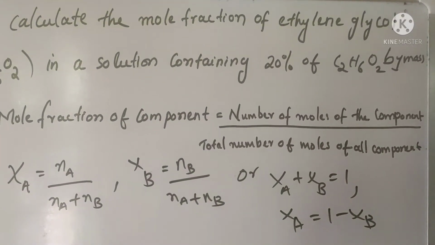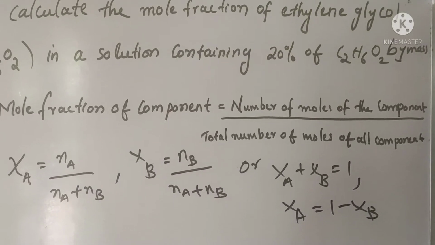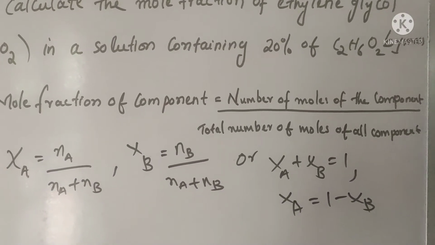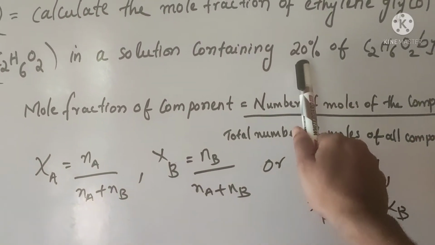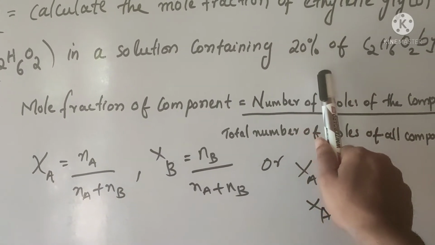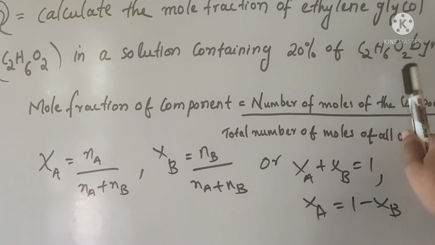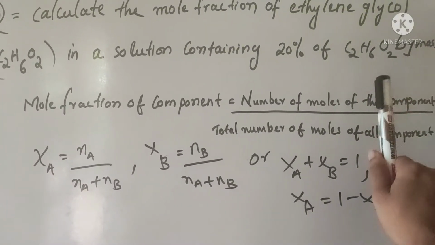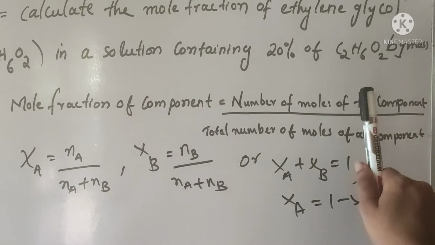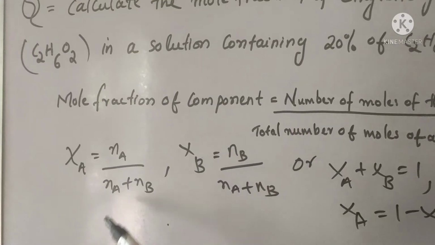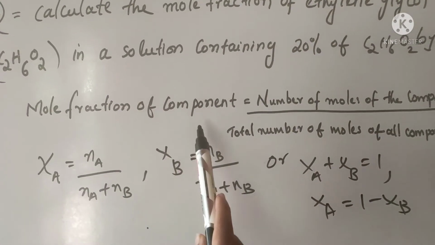Let us assume we have 100 gram of solution, and in that 20 gram is ethylene glycol. Then 80% or 80 gram will be water. I have to calculate the mole fraction of ethylene glycol.